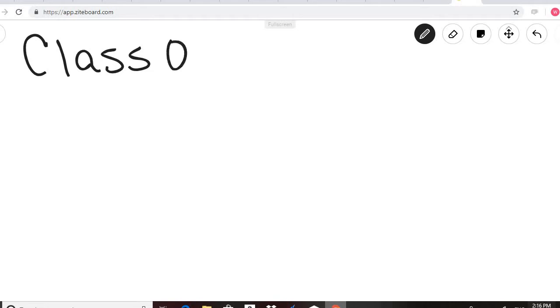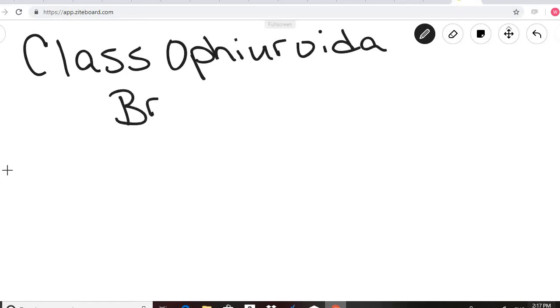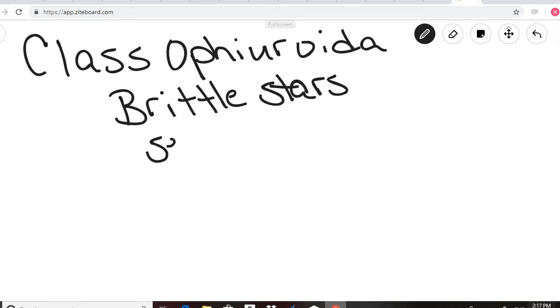Another class in this category is class Ophiuroidea. And these would be things like brittle stars. Maybe if you've been to the beach, maybe you have found a brittle star. These are sensitive to light, so they mostly come out at night.